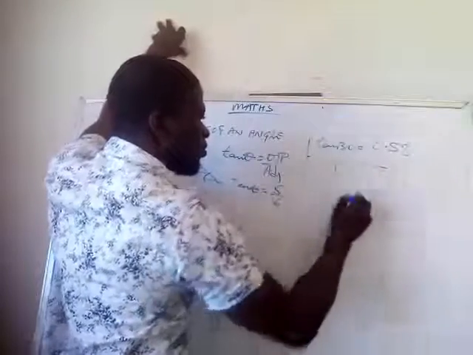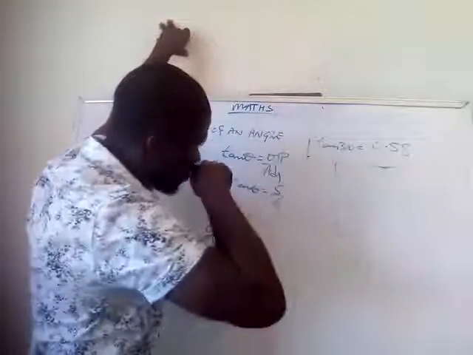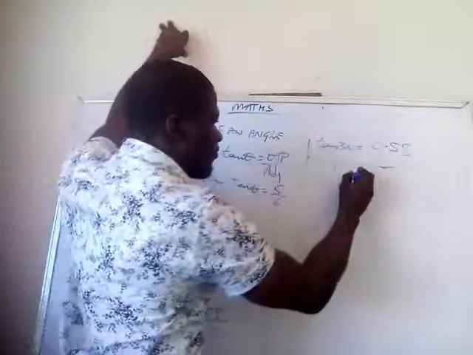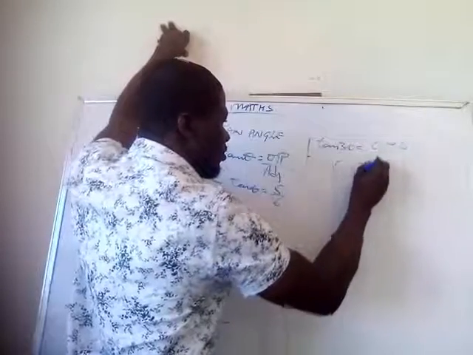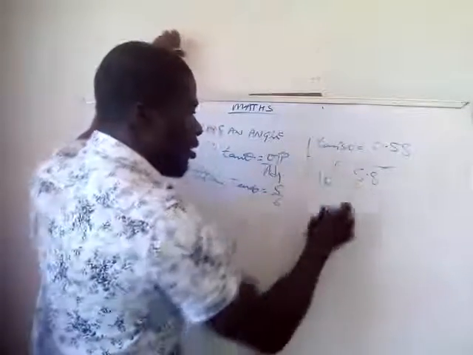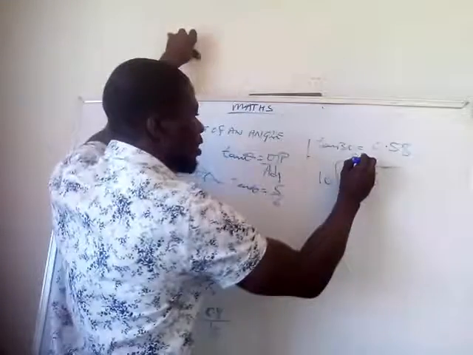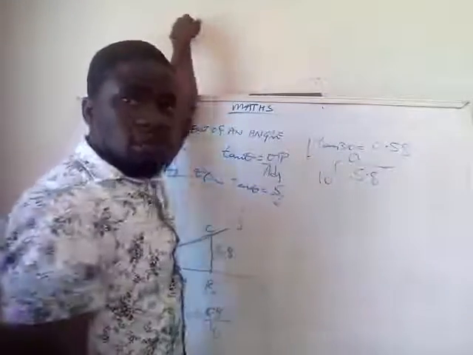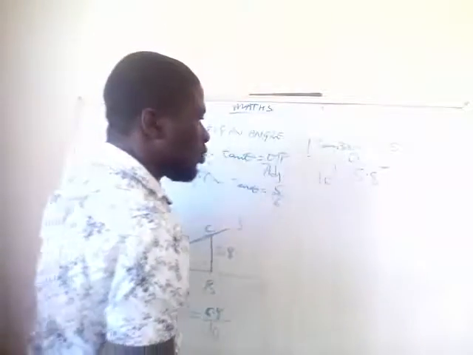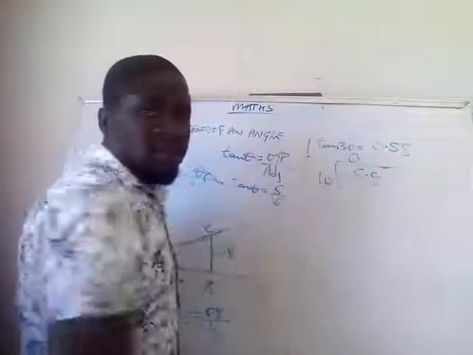How did I do it? You have 5.8, you have 10. 5.8 divided by this will not go. You put 0 here, put your point. When you put your point, this one will turn to 58.